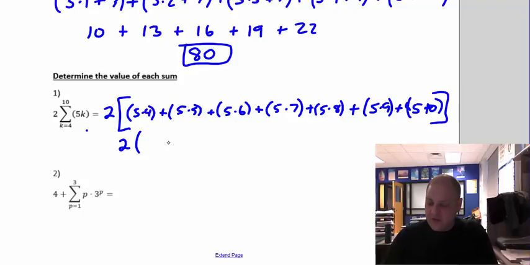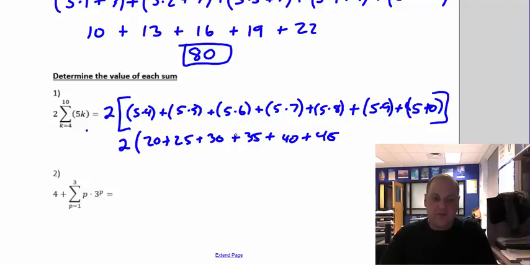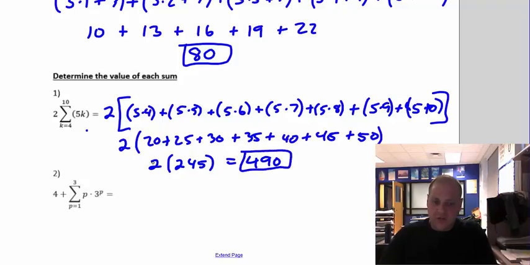It's 2 times 20 plus 25 plus 30 plus 35 plus 40 plus 45 plus 50. So it ends up being 2 times 245, and that comes out to be 490. All right, so 490 would be our final answer there.